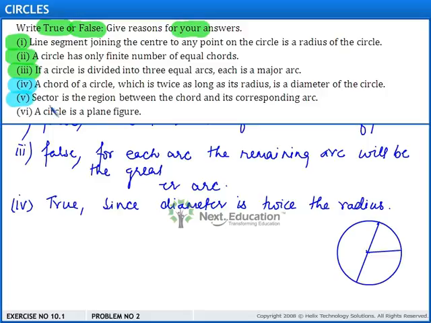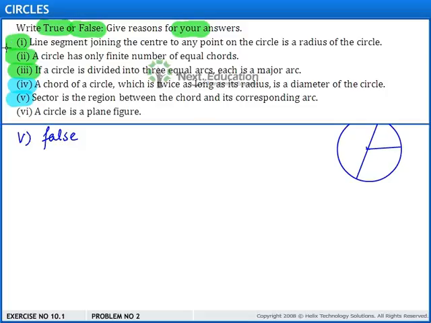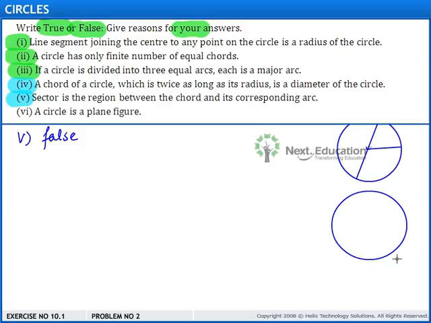It says, sector is the region between the chord and its corresponding arc. Now this is also a false statement since a sector is a region. Let us draw a circle to understand first what is a sector. Suppose this is the center of the circle.